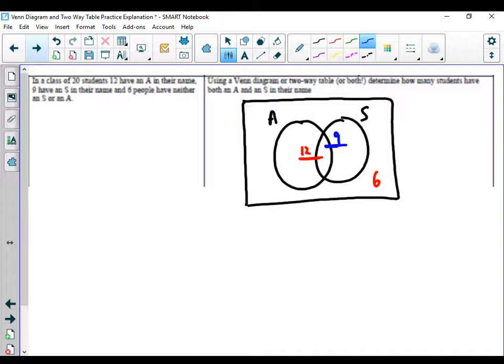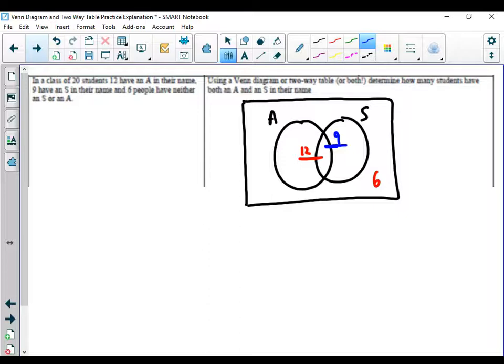So I'm a little bit stuck, because right now I'm at 21, and I know that I only had 20 students. Some of those 12 students actually fit into the S category as well, and some of the 9 students fit into the A category as well. So can I still answer this even though I don't know how many have both A and S in their name?